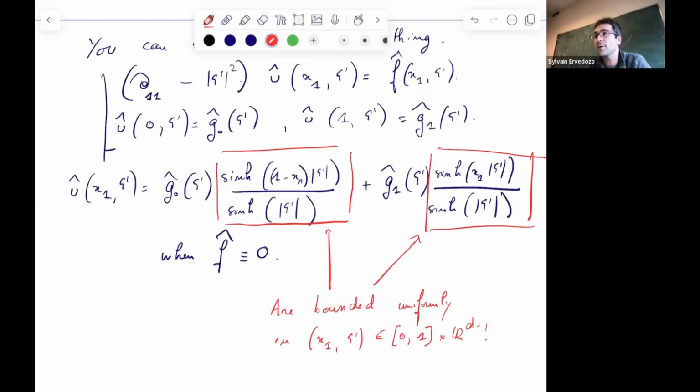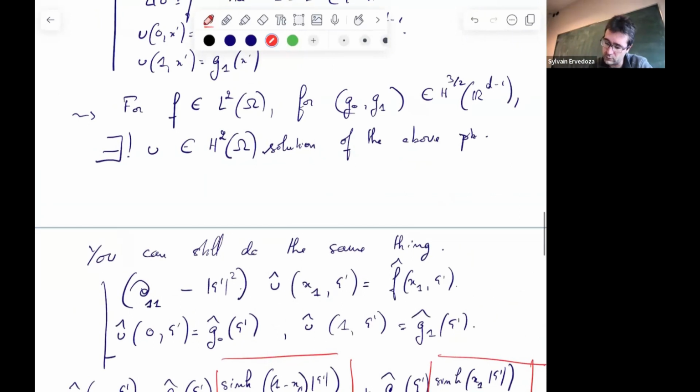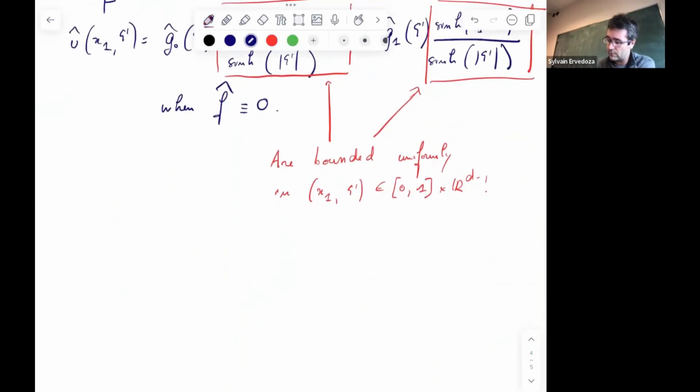So in fact, if you track very precisely the dependence in psi prime and so on, you can recover by hand the usual theorem which is here. Okay. So this is, let's say, more or less classical stuff.